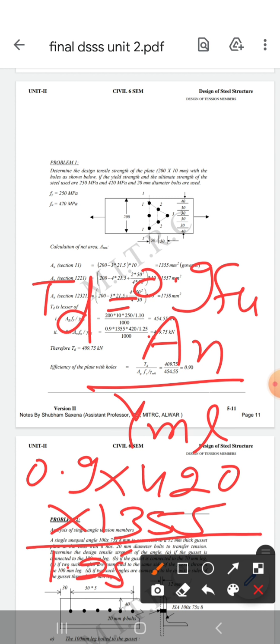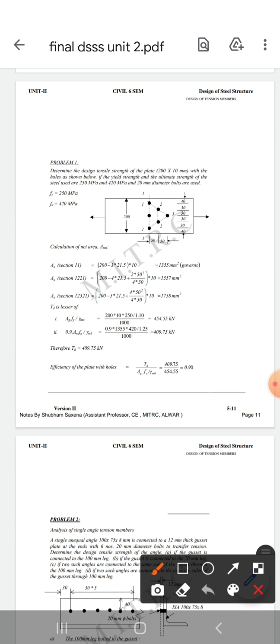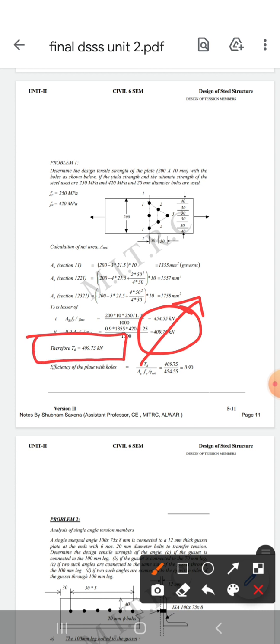And from here the T d value is calculated as 409.75, and out of these values the minimum of the two is taken as the design tensile strength of plate.